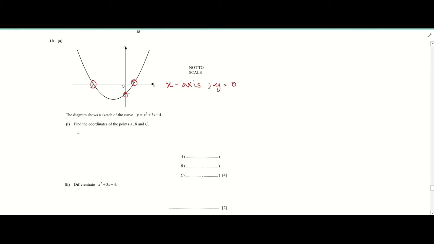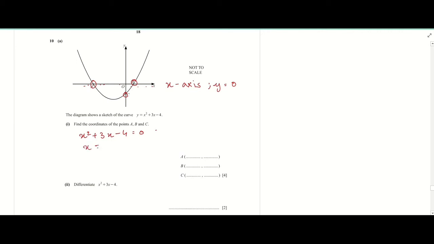So that means what we'll have to do, because y equals 0 at all the points on the x-axis, is take x squared plus 3x minus 4, where y equals 0 for A and B, and equate it to 0. Of course, we'll put y equals 0. So this is again a quadratic equation, and with the help of the quadratic equation you will have to find the x coordinates.